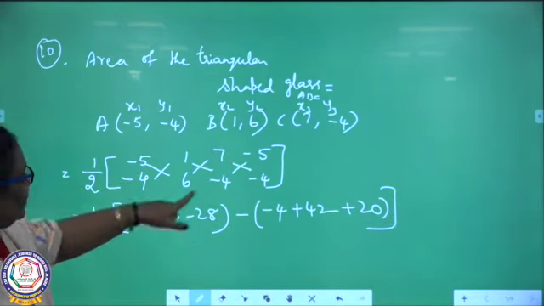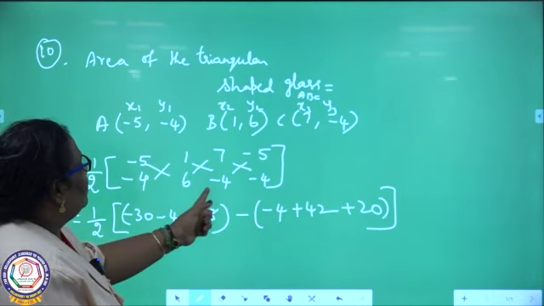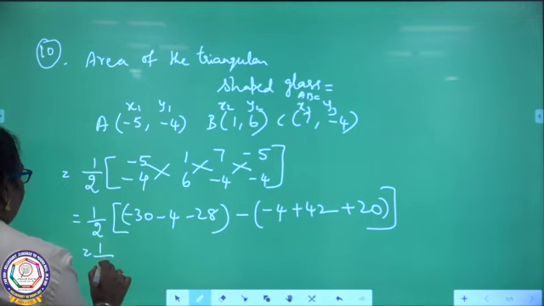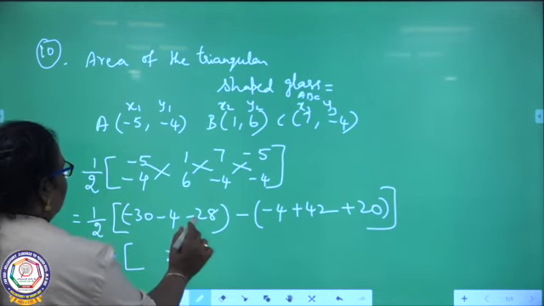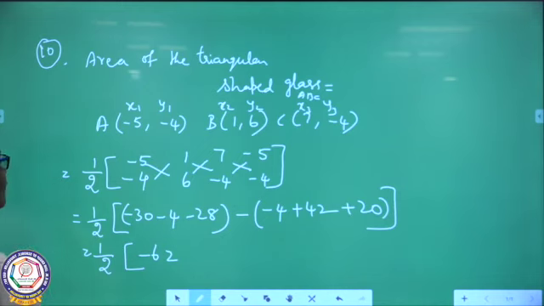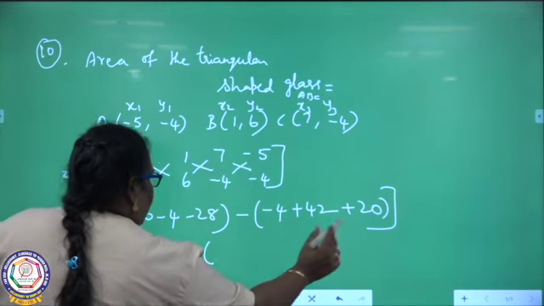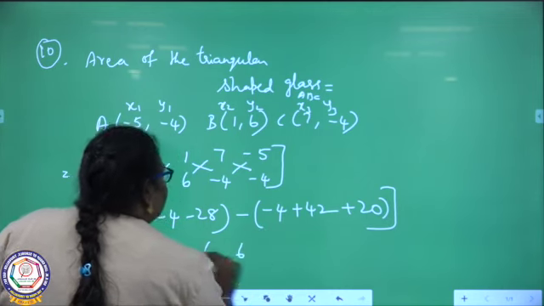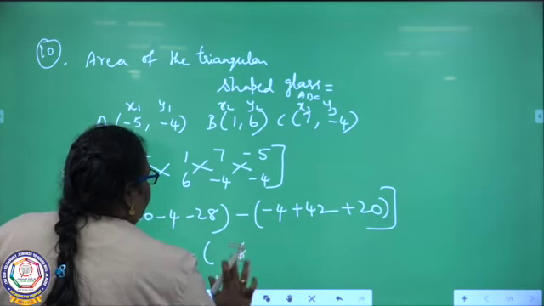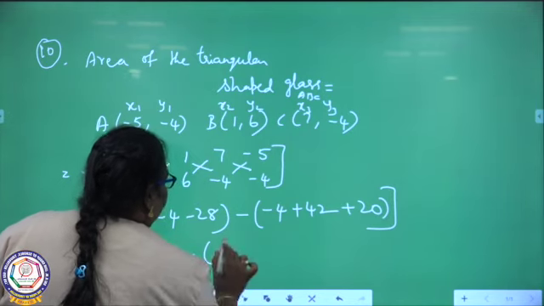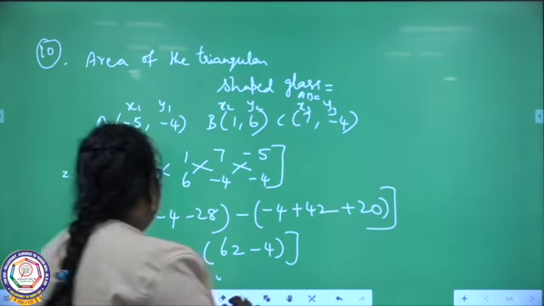So 1 by 2 into 12 minus 62, minus of, 2 plus 6, 42, 62 minus 4.